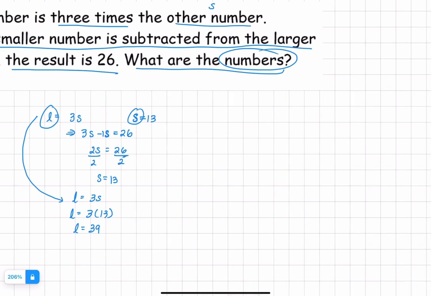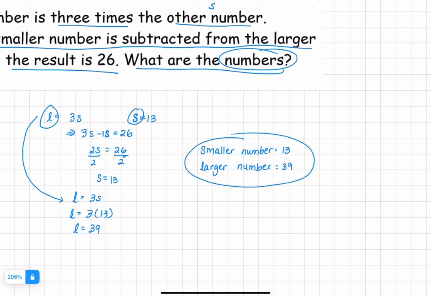So we can put this in an answer format. Smaller number equals 13. Larger number equals 39. And this would be our let statement.